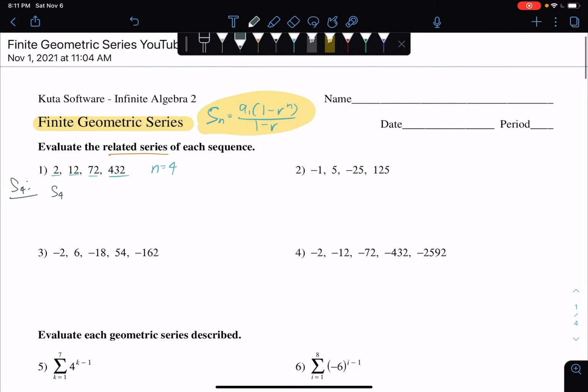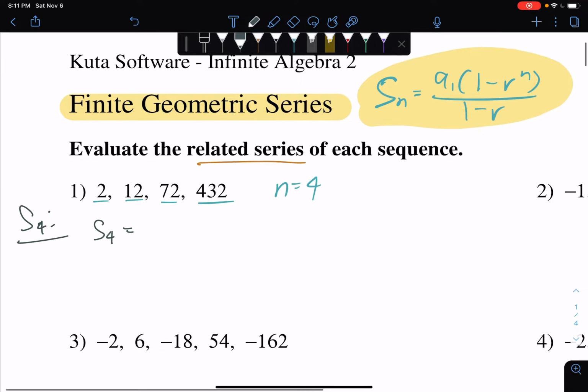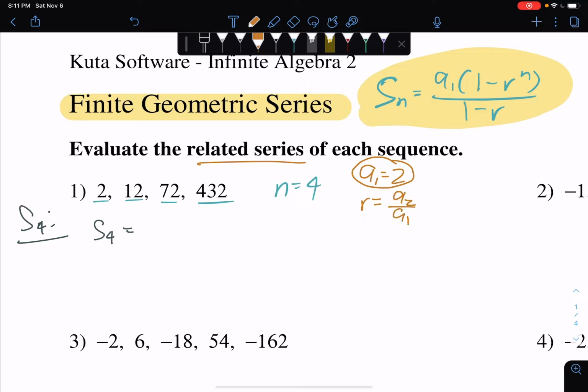All right, let's get back to number 1. What we're trying to find is S sub 4. Again, our formula, we'll be basing our solution there. So our a sub 1 is equal to 2. Our common ratio, from the previous video, I taught how we could find a common ratio. Basically, a sub 2 divided by a sub 1.